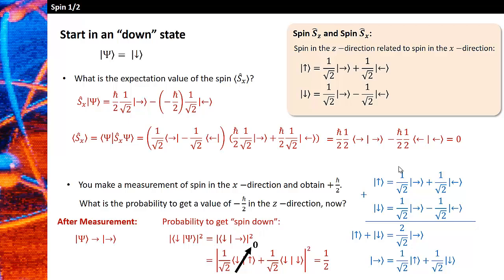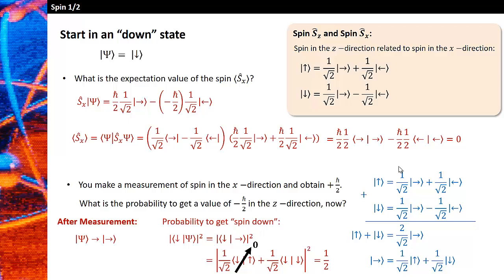And again, if we think about that, there's something funny going on here. So we started in a down state. We made a measurement, and then when we made another measurement to see if our particle is in spin down, or what is the probability of getting it in spin down, now instead of being sure that we're getting a down state, now we're getting a 50% chance of getting spin down.